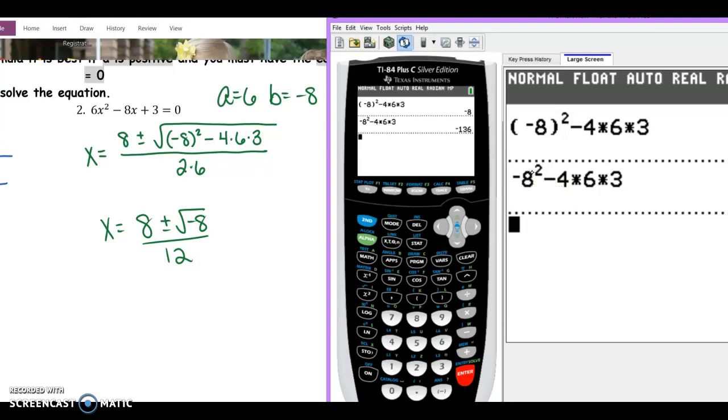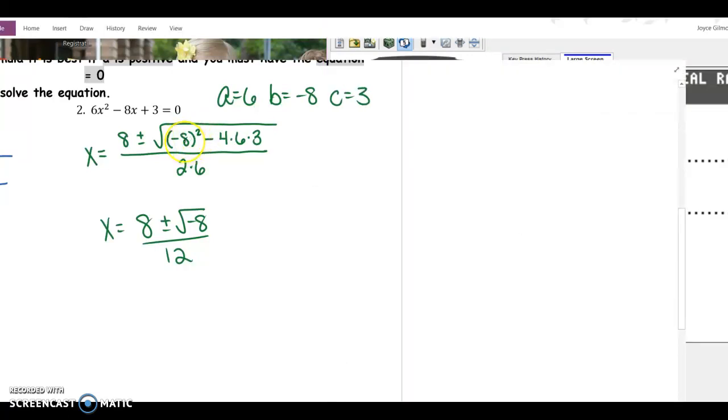But think about it. Should something squared be negative? No, this should definitely be positive 64. So if you want your calculator to treat that negative number correctly, you have to put parentheses around the negative number. Otherwise, your calculator will do the problem incorrectly. The other way to combat this, if you know your perfect squares pretty well, is to do that math in your head.